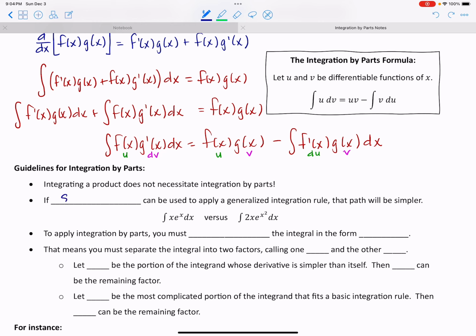So if we can use substitution, and when I say substitution, I mean we see not x to a power but u to a power. We can apply that generalized power rule, or the natural log of not x but the natural log of u, as long as du is a factor of the integrand. If we can use substitution and apply that generalized integration rule, then that's going to be simpler than integration by parts.